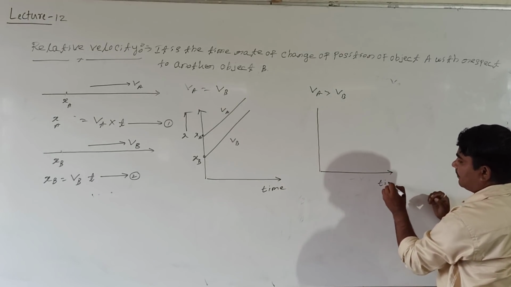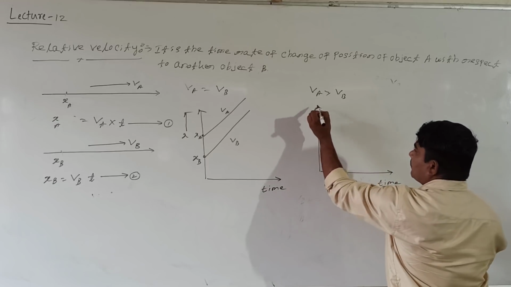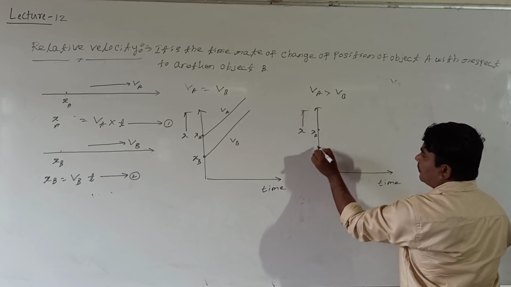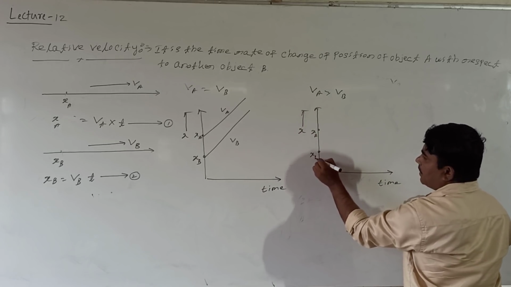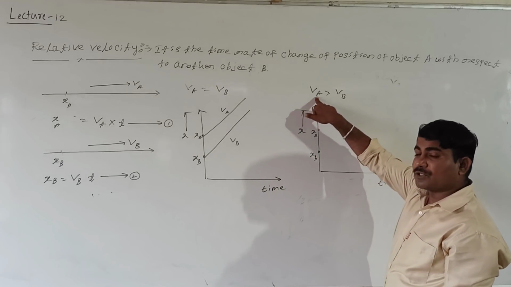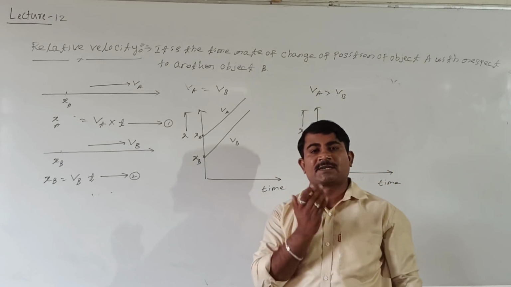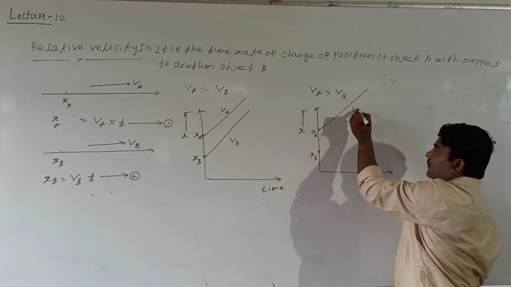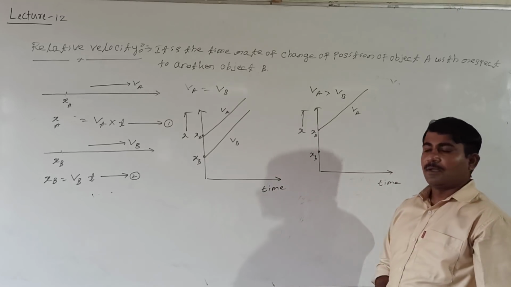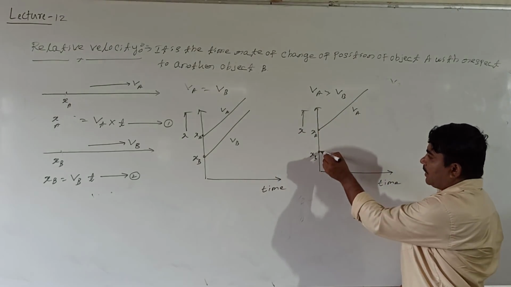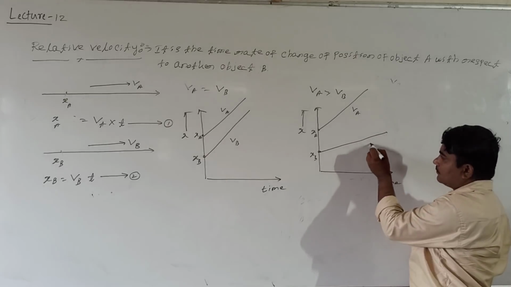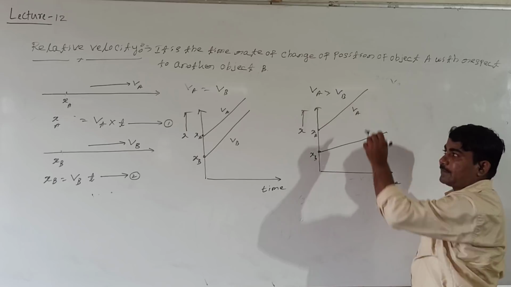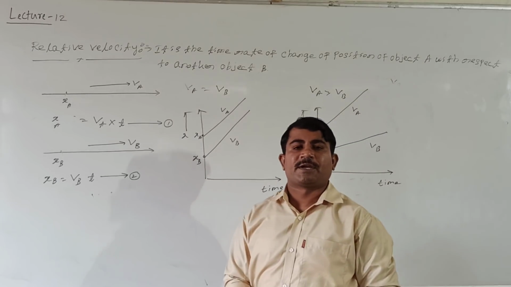This is the time, this is the position along the y-axis, this is XA and this is XB. Body A moves faster, and faster means it takes lesser time. The graph goes like this with velocity VA. And body B moves slowly, with velocity VB, so it takes some more time.